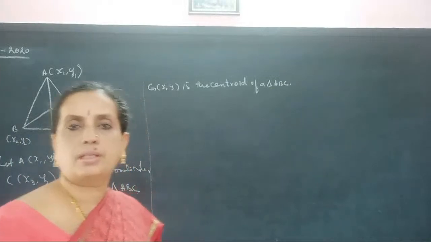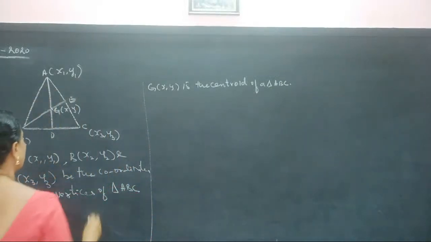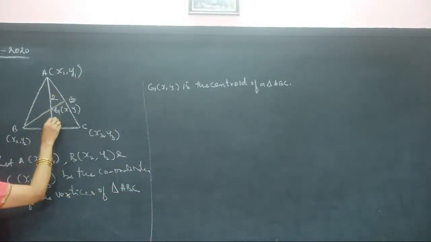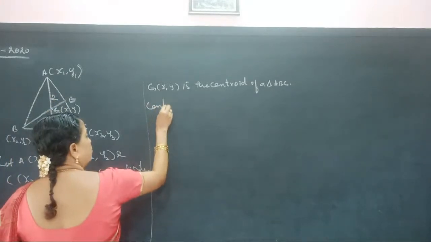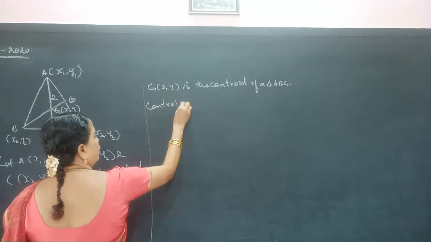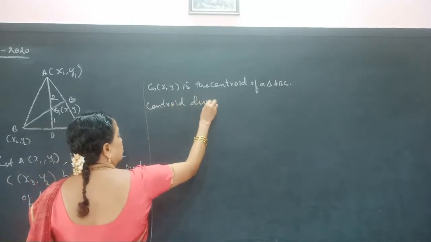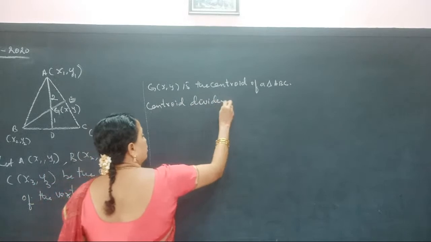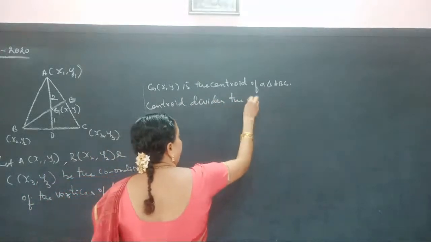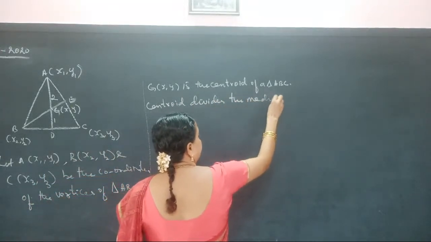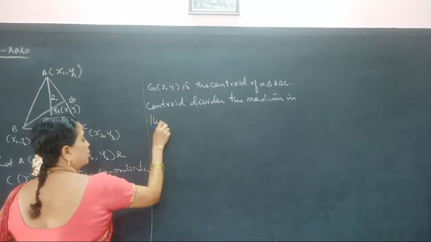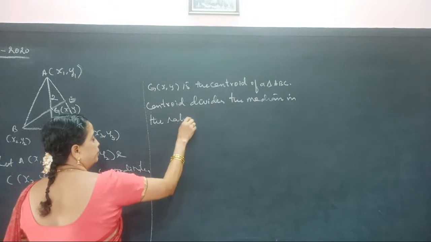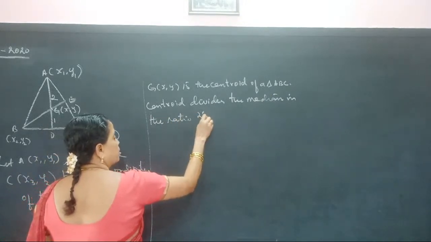Centroid divides the median in the ratio 2:1. That is, take the property: centroid divides the median in the ratio 2:1.